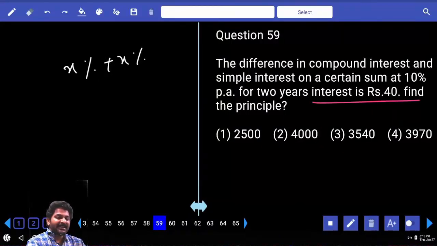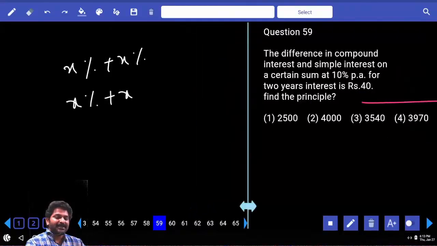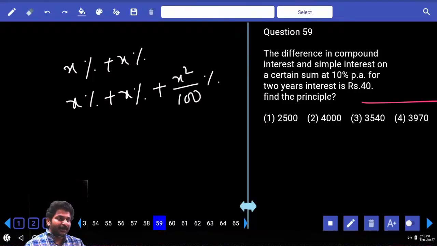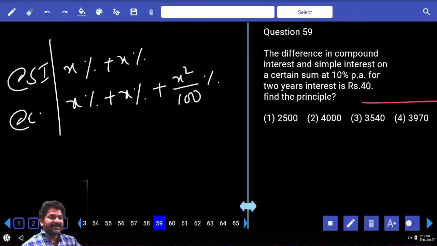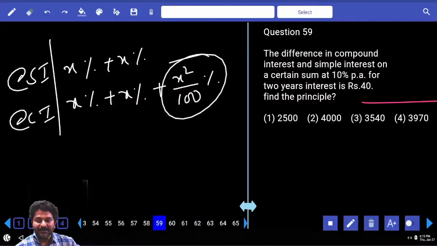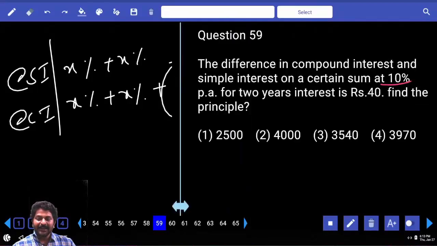Compound interest is X% plus X% plus X square by 100%. The difference is X square by 100 only. Here X is 10%, so 10 square by 100 is 1%. 1% is 40, then the principal is 100%, which is 4000.